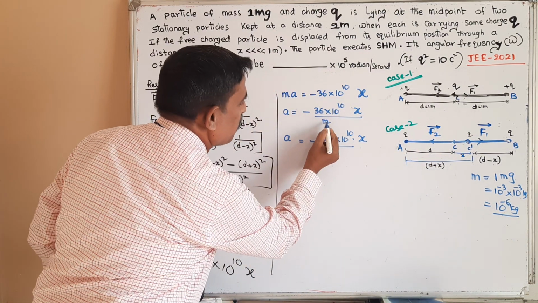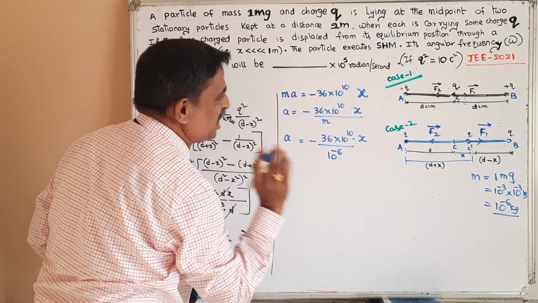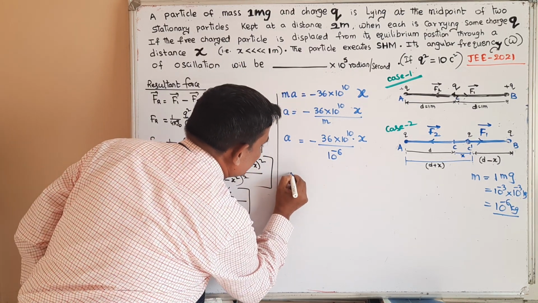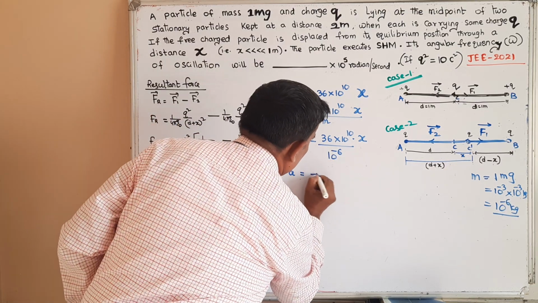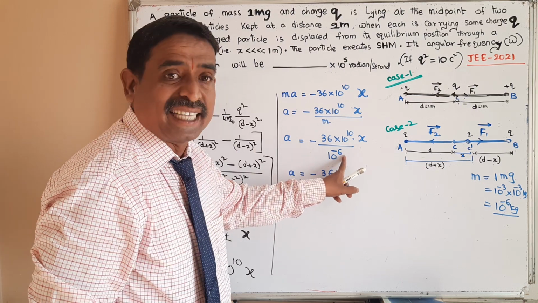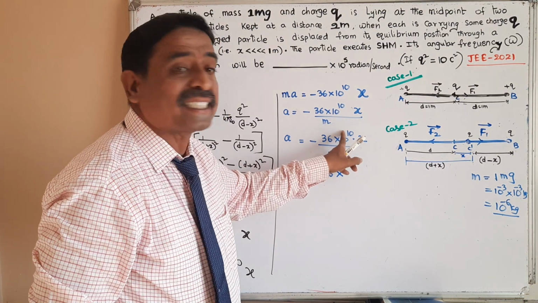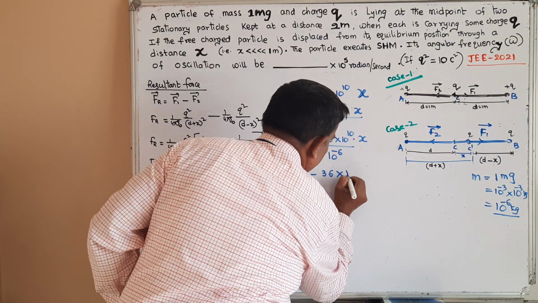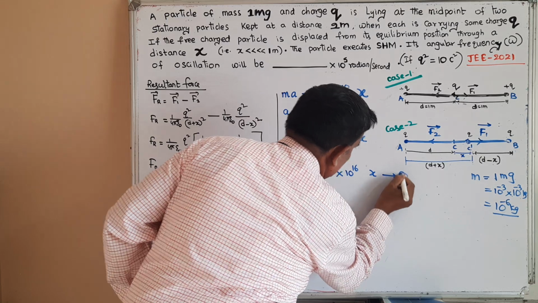Now mass is 10 power minus 6 kg. Acceleration A is equal to minus 36 into 10 power 10 into 10 power 6, which is 10 power 16, into x. This is equation number 1.